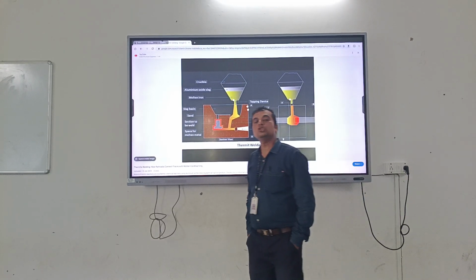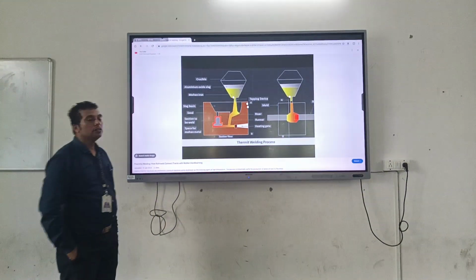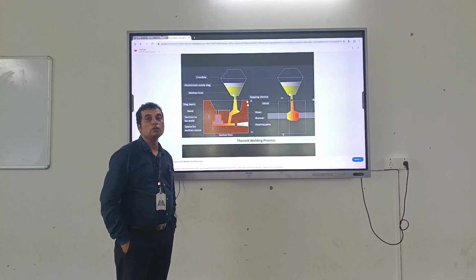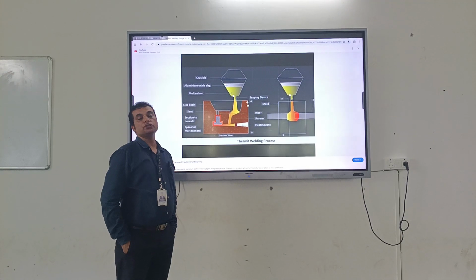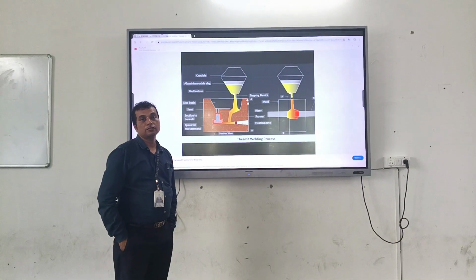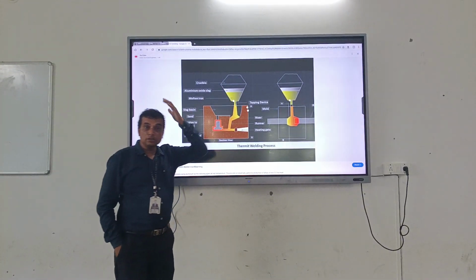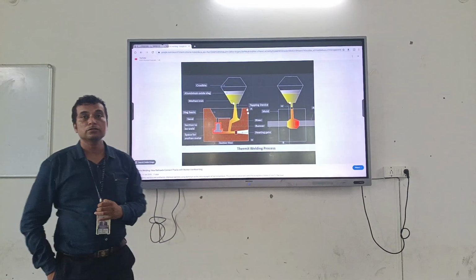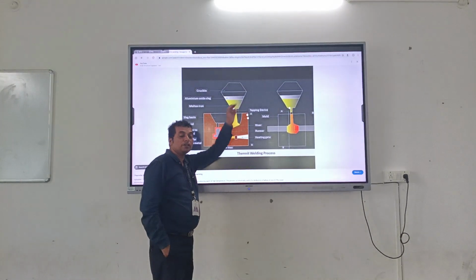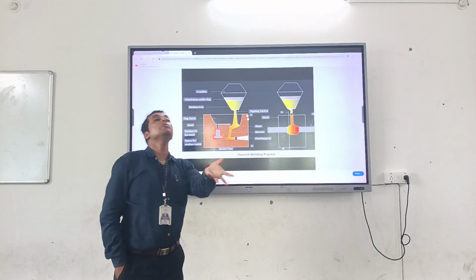In such a situation, nearly 3000 degrees Celsius of temperature is generated in the crucible by igniting through oxygen acetylene welding. 3000 degrees is a lot of temperature, and it is generated by an exothermic reaction.